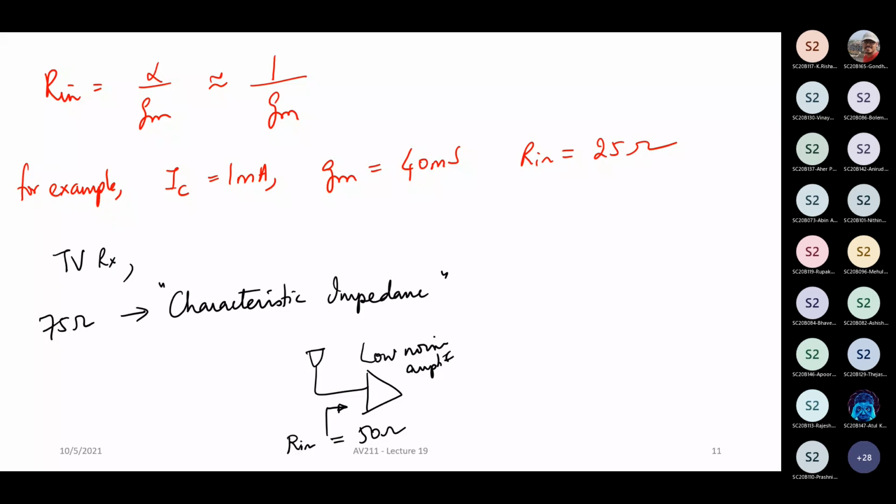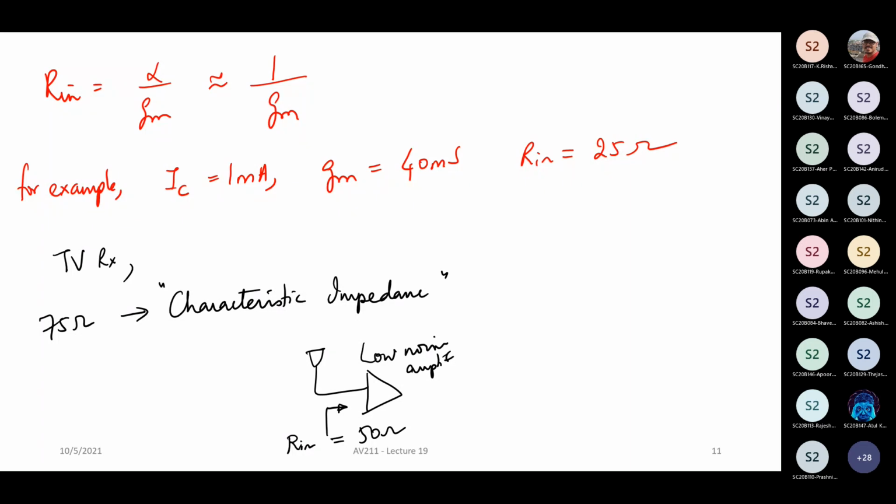Of course, there are other topologies, other ways of providing input impedance of 50 ohm or 75 ohm, but this is one of the candidate architectures for providing you with an input impedance of 50 ohm. With this, I will conclude the class today, and I will continue the rest tomorrow. Any doubts or any questions in whatever material we saw today?